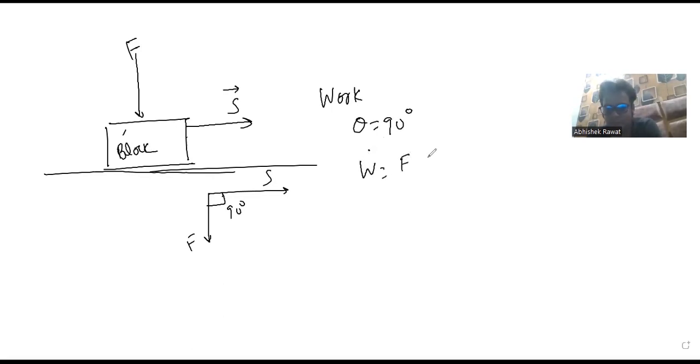Work is Fs cos theta, and cos 90 is zero. So work done is zero in this case.